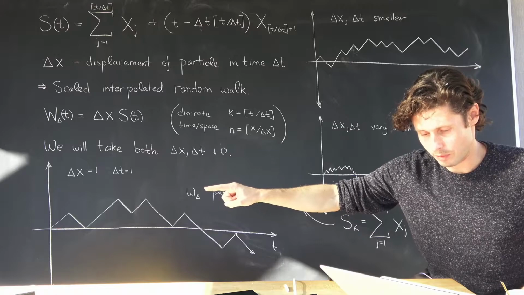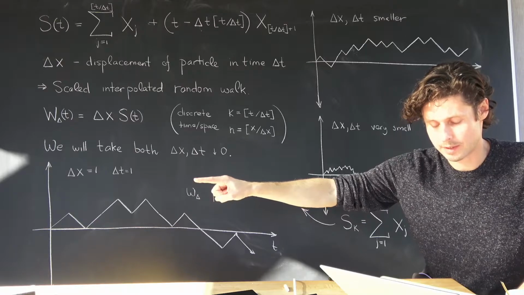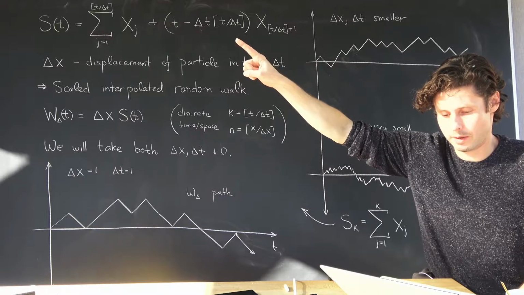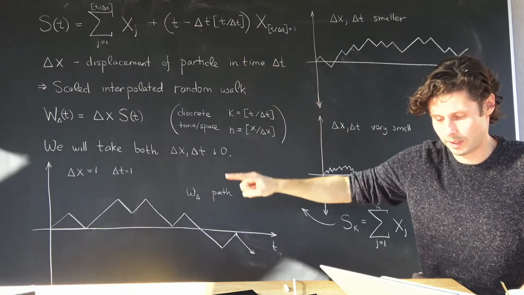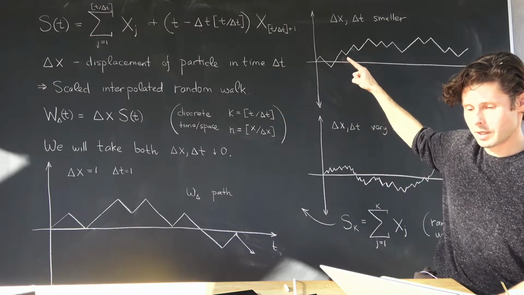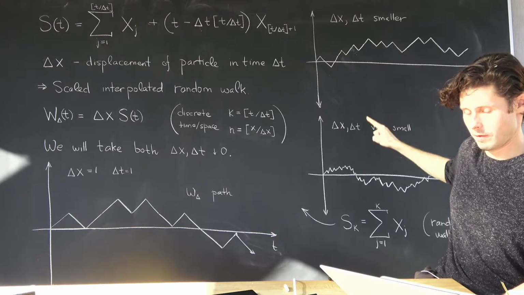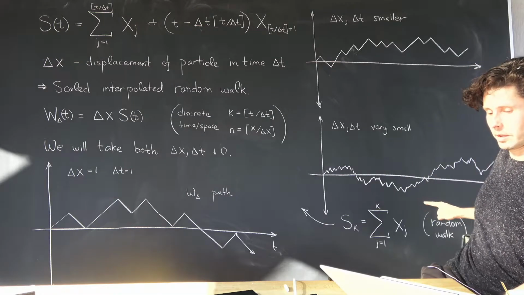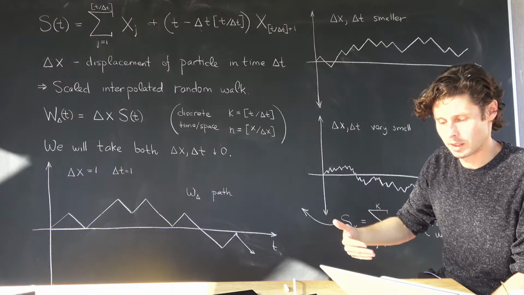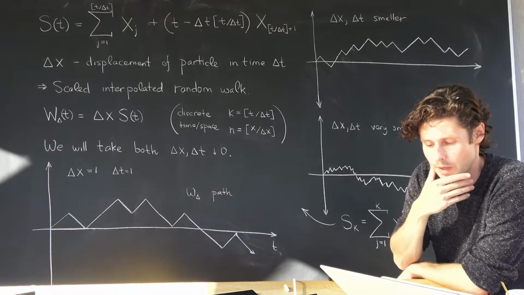And so W delta is a scaled interpolated random walk. If you set delta x equal to 1 and delta t equal to 1, you will recover the interpolated random walk, which looks similar to the previous clip. If I make delta a bit smaller, it starts looking something like so. And if I make it even smaller, I'll get something that looks like this. You keep doing this over and over until you eventually get to the drawing I had in the very first overview video.